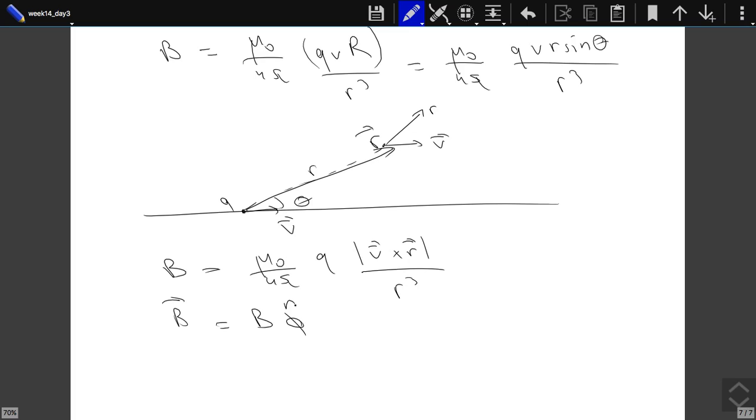Well, the direction of this B vector, which is phi hat, is the same as the direction of v cross r. So basically, these two vectors, B and mu 0 over 4 pi q times v cross r over r cubed, should be the same. Because both of these vectors have the same magnitude and both point in the same direction, and those are the two things that define a vector. So if two vectors have the same magnitude and direction, they are equal.